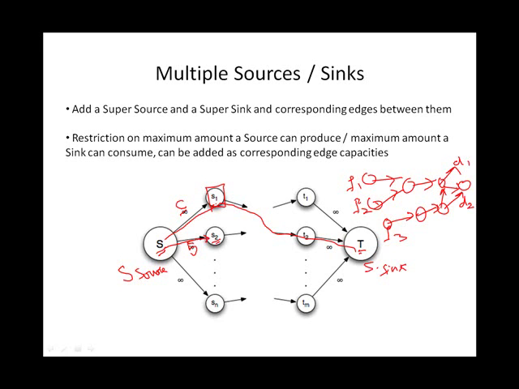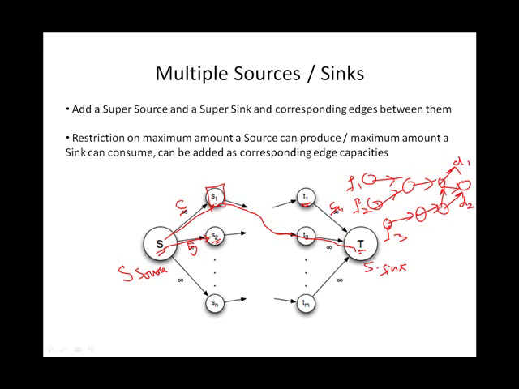That's how we capture those capacities of production, and we can similarly have a capacity on how much maximum we can store in a distribution center. Let's say we have a limit on the maximum number of goods that can be stored at this distribution center. We can add that limit on T1 by making the edge capacity from T1 to the super sink as CT1.